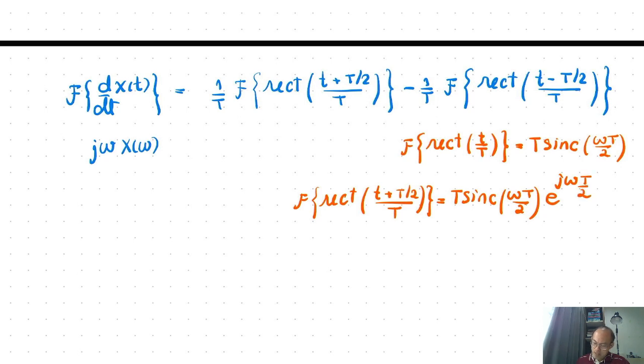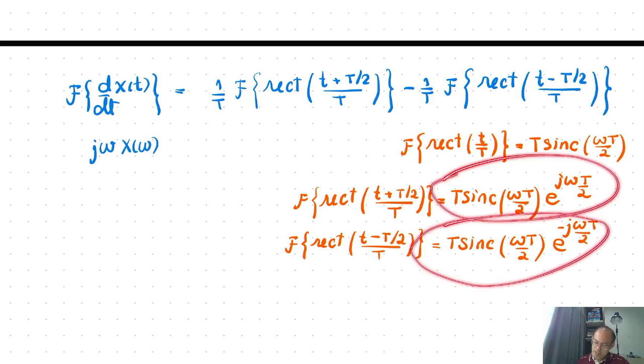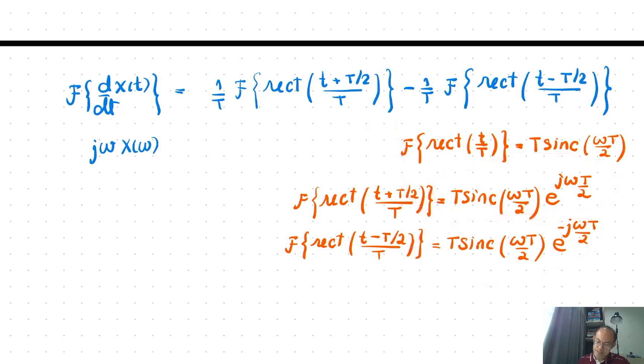Similarly, the other one, which is rectangular of small t minus big T over 2 divided by big T, is big T sinc of omega big T over 2 times e to the minus j omega big T over 2. So we can plug these two guys into this equation and get that this one is equal to 1 over big T.